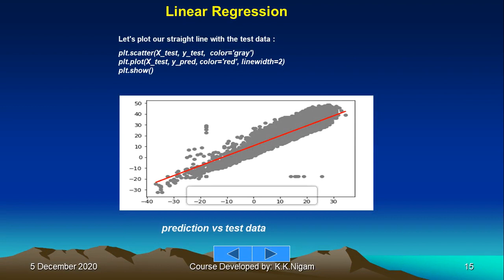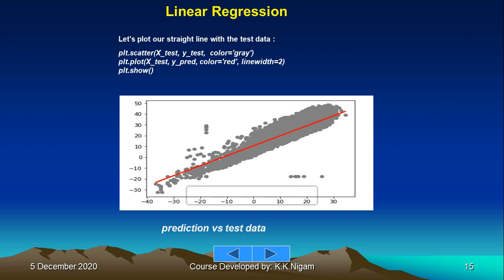Now let's plot our straight line. That was the graphical representation, that means visualization. Now here we are going to draw a line graph, the scatter graph, so to say. So plt.scatter, X_test, y_test, and color is equal to gray, because we want this presented in a gray color.